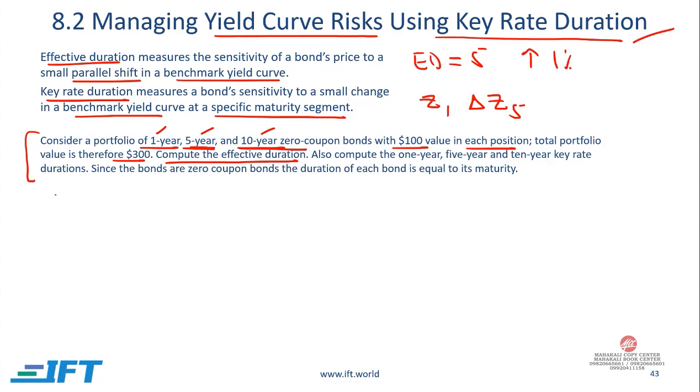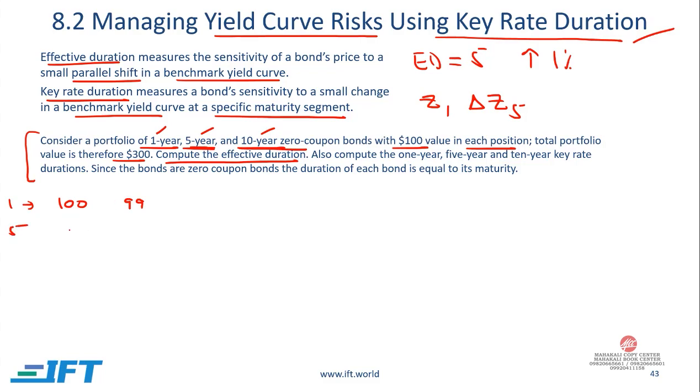So if we take each of our 3 bonds, we have the 1-year bond, initial value is 100, and if there is a 1% change in the rate, so let's say overall the benchmark interest rate or the benchmark yield curve goes up by 1%, what will happen to the 1-year bond? The 1-year bond will go down in value from 100 to 99 because here the duration is 1.